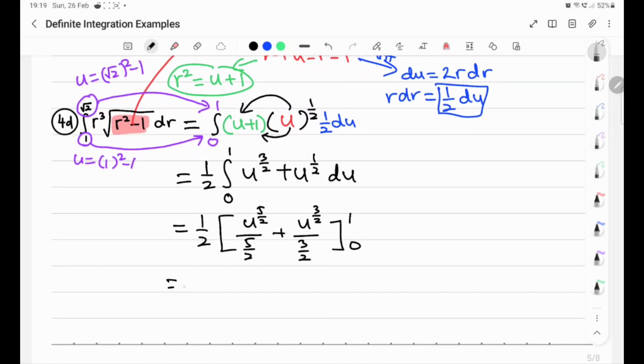Now let's replace the limits. Don't forget the half in front, it stays there. Oh, sorry, we have to simplify this first. Put the 2 over here, the 2 up there.